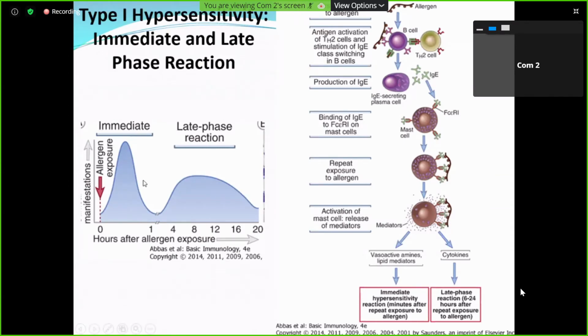But in some situations, after the initial immediate hypersensitive reaction has dissipated, you can get a further inflammatory response which lasts for about 24 hours. This is called the late phase reaction.